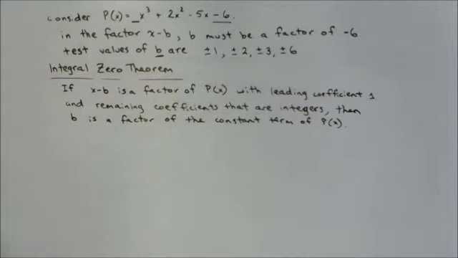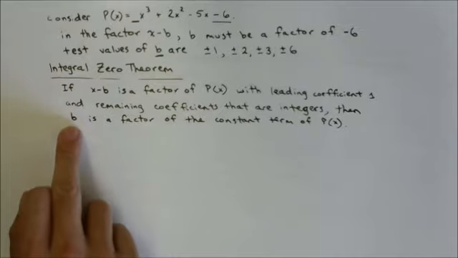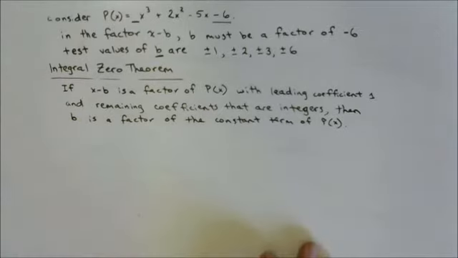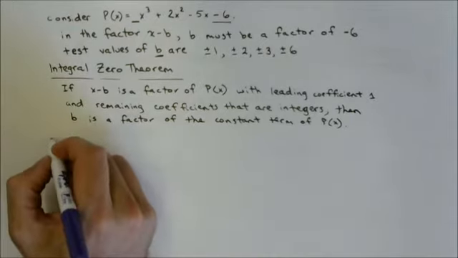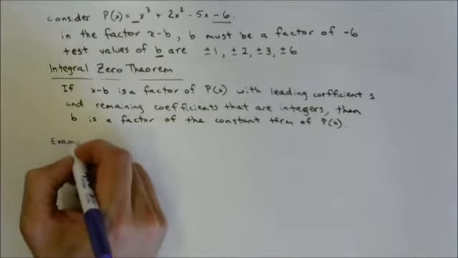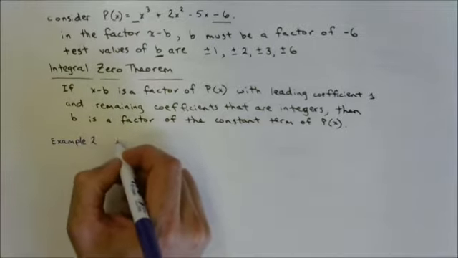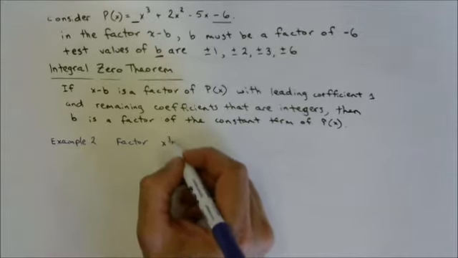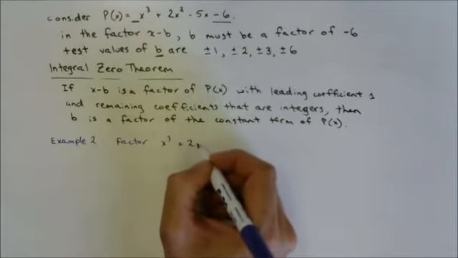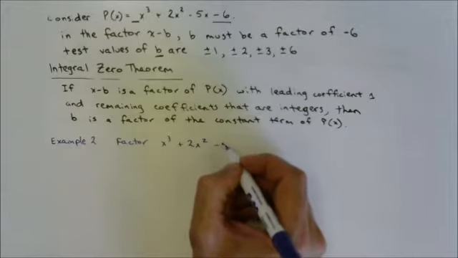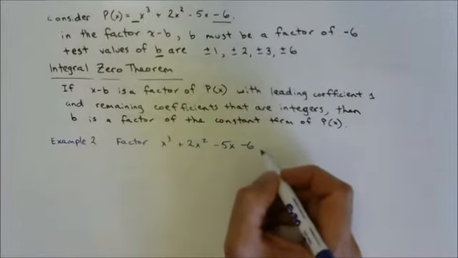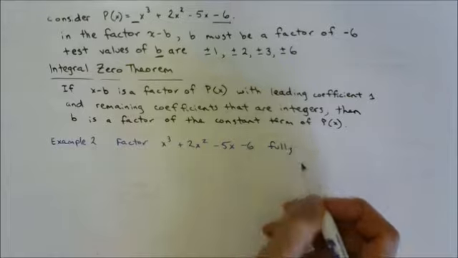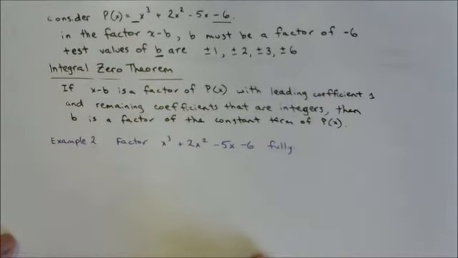Now we are able to determine which values of b I actually want to test when I'm trying to find factors. So in example 2, we have the instruction to factor x cubed plus 2x squared minus 5x minus 6 fully, but they're not giving us any of the factors to start with.